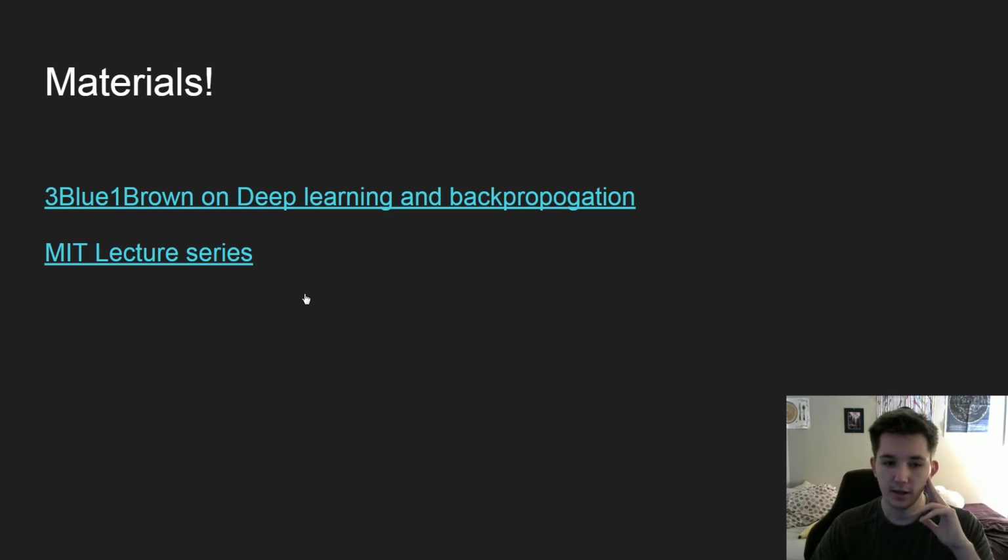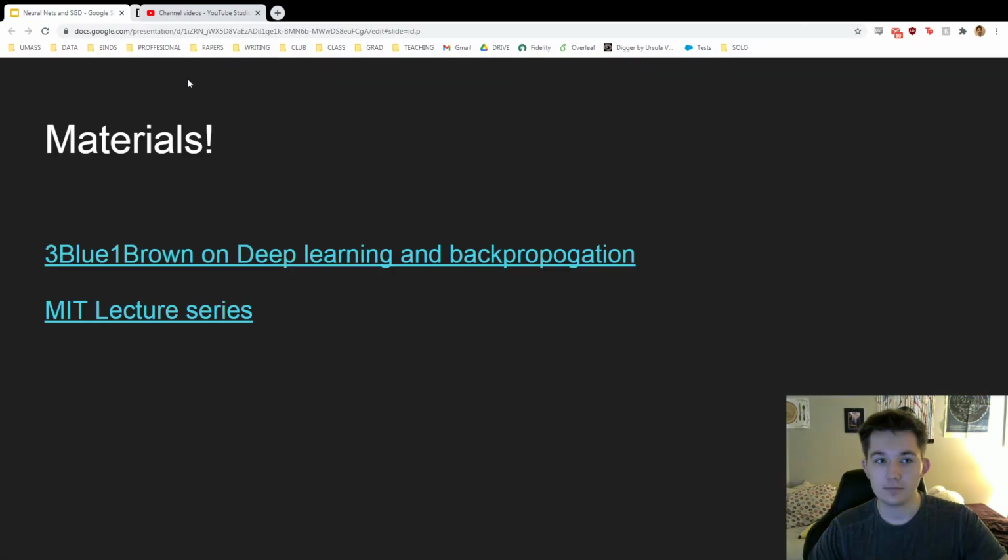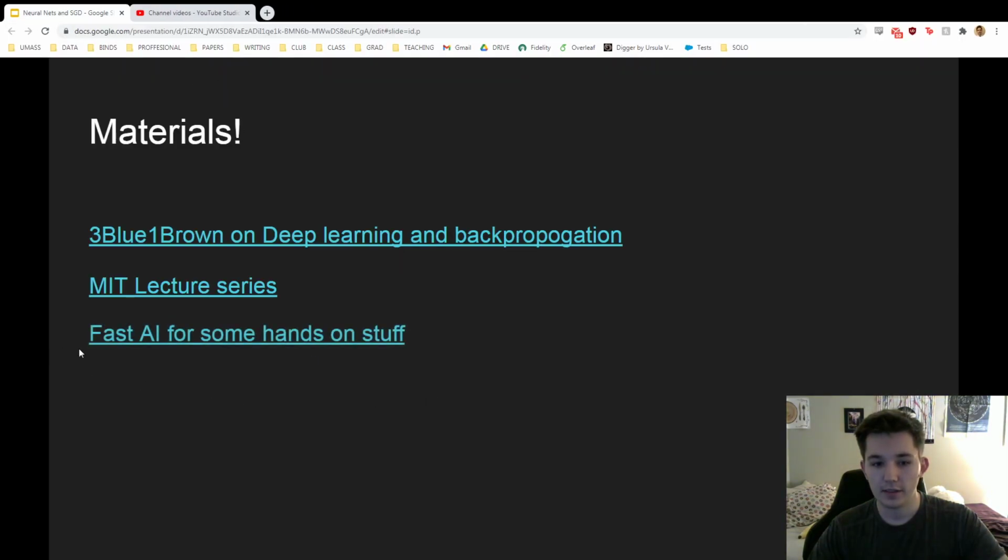It is much more material than this is, but this one is very visually pleasing and covers basically the same exact material that I covered, even with the same example. And then there is also Fast AI, which is a course where you can do some hands-on coding and make some of these neural networks. So check these out if you're interested. They are very good, and I recommend them.